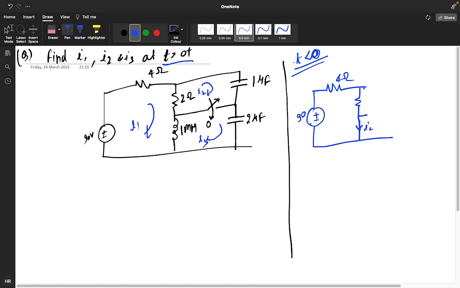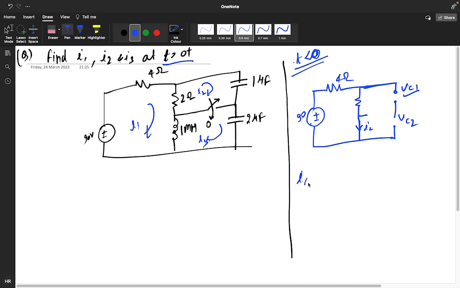The capacitors are each replaced by an open circuit, so both capacitors will be open circuit. You have to take this as the VC1 value and this as the VC2 value. You need to find all the values at t equals 0 minus.